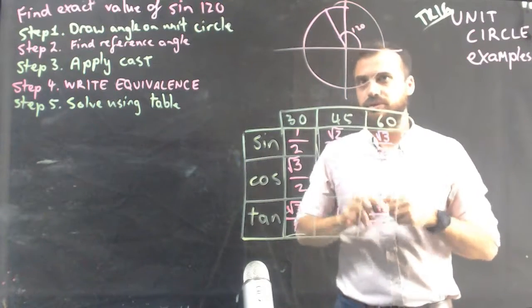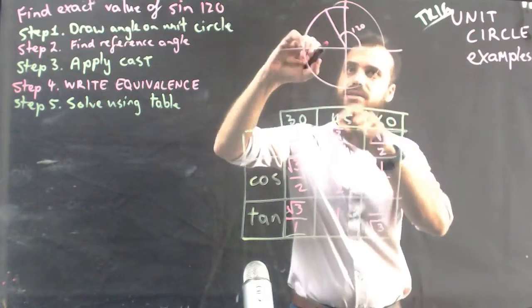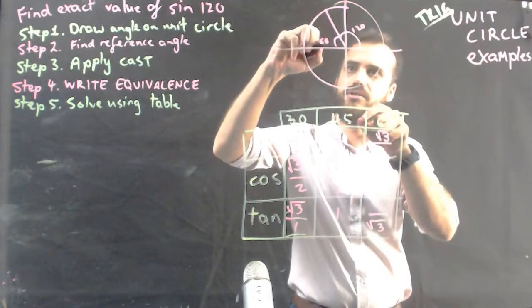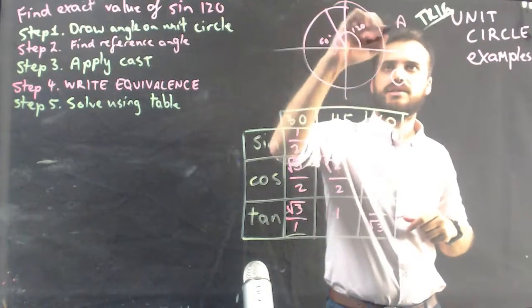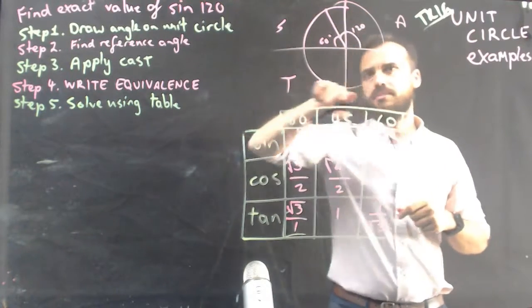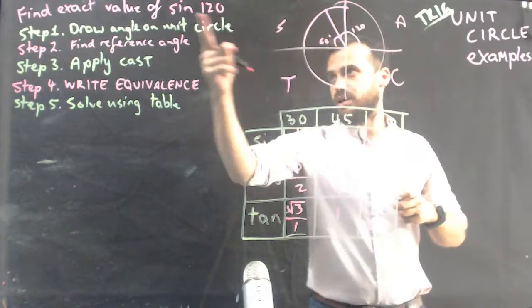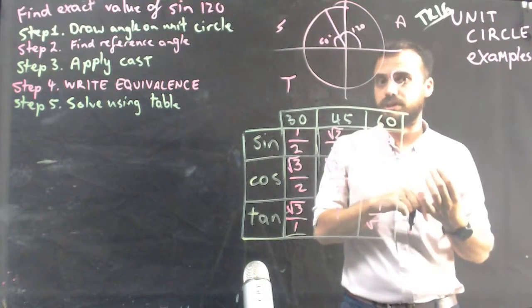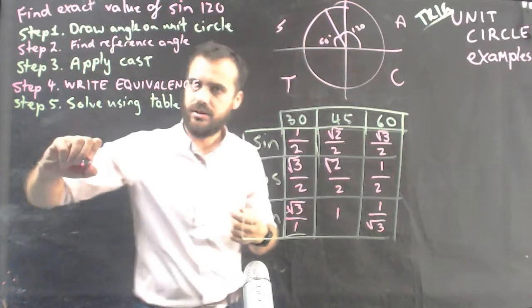Find the reference angle. The reference angle is between the x-axis and the line. If that's 120, that must be 60 degrees. Apply cast, C-A-S-T. I'm in the sine quadrant, and I just happen to be doing a sine question, so my answer is going to be positive. Write the equivalence.